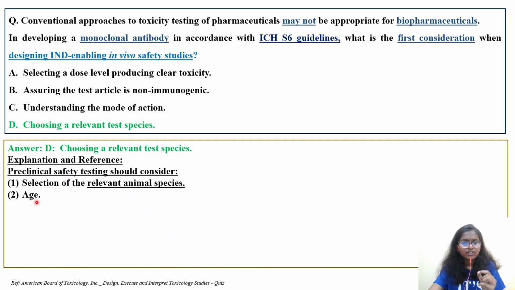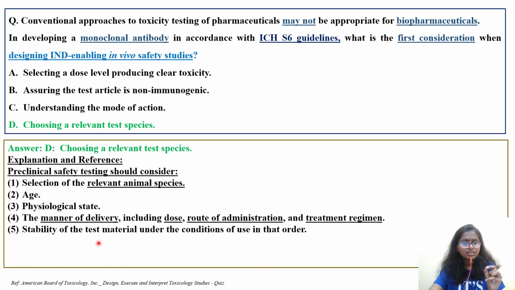So another important criterion is the age of the testing population, the physiological state of the test system, and the manner of delivery, including dose, route of administration, and treatment regimen. Okay, whether it is given once a month or twice a month, and by what route of administration. Stability of the test material is important, because these protein molecules or biotechnology derived products are subject to pH-related stability issues.